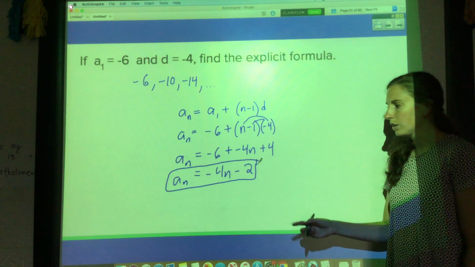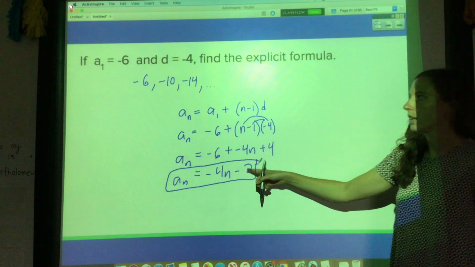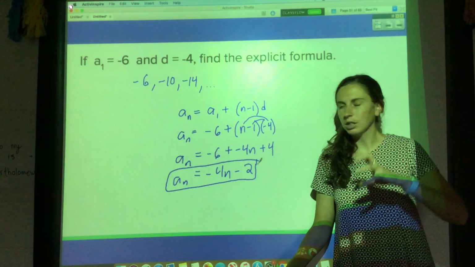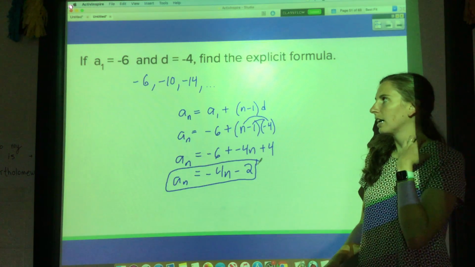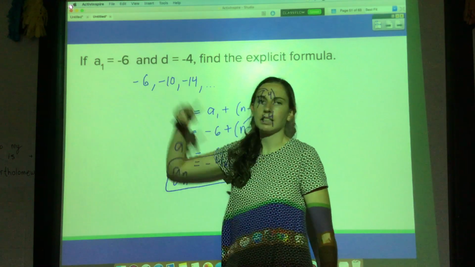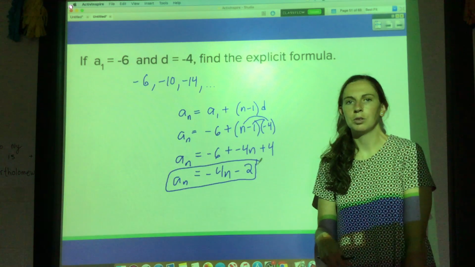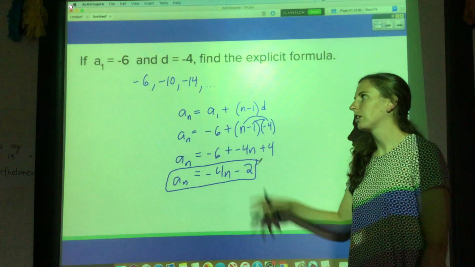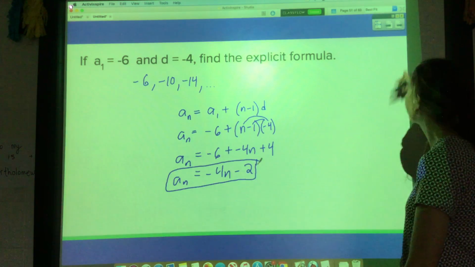All right, notice that the y-intercept we got is not the first term. That would be like if I backed up to the 0 term, it would be this. Like if I backed up another 4, basically, I would be at negative 2 because the input of 0 would give you this, but that doesn't really make sense in terms of our sequence.